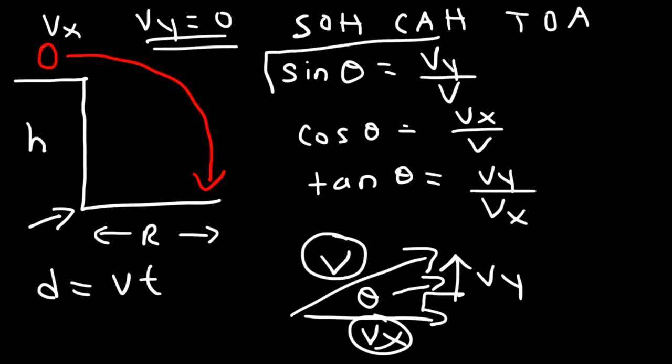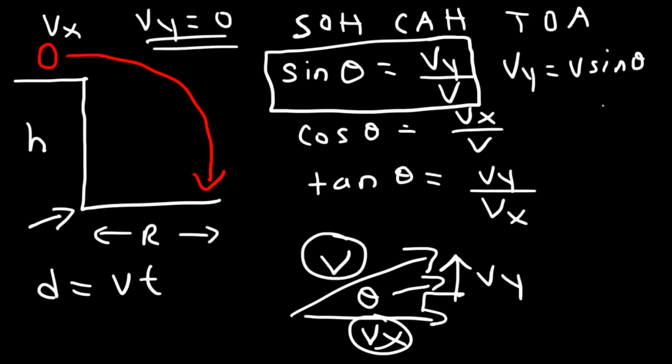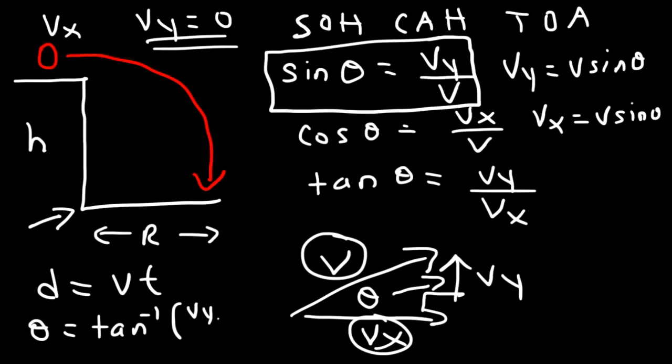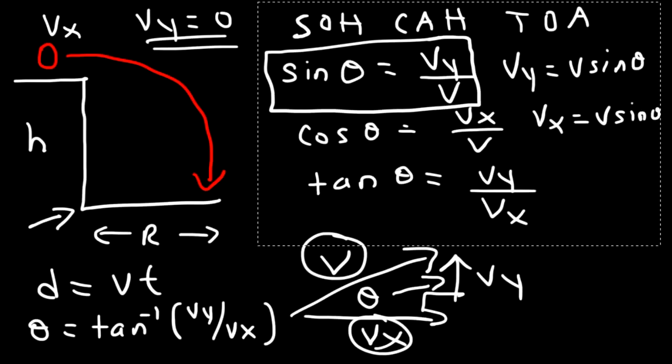So from this equation, if you multiply both sides by V, you can see that Vy is V sine theta. Now for the second equation, if you do the same thing, Vx is V cosine theta. Now for the third equation, it's useful to calculate the angle. If tangent theta is Vy over Vx, then the angle theta is the inverse tangent of Vy divided by Vx. Now according to the Pythagorean theorem, there's one more equation that we can write.